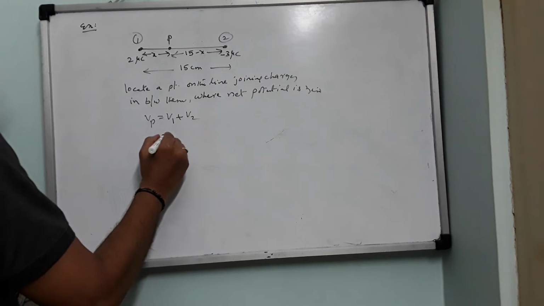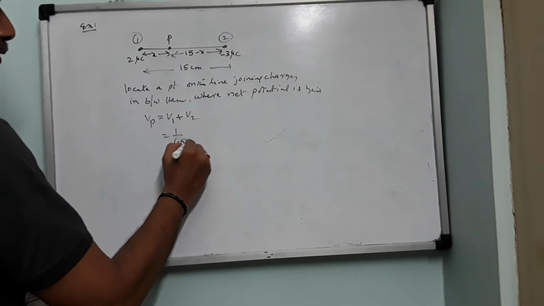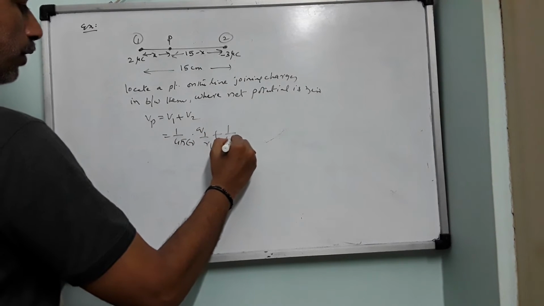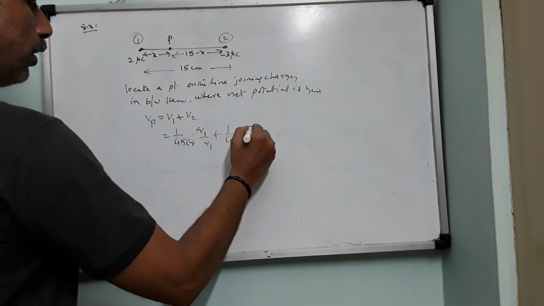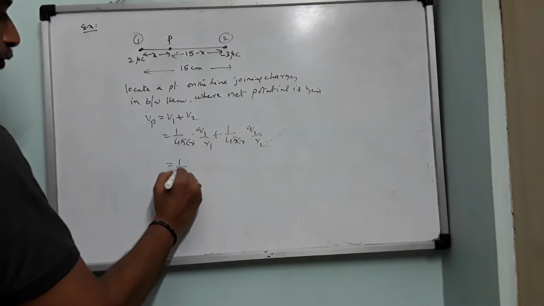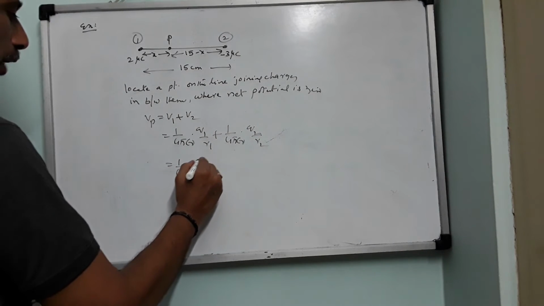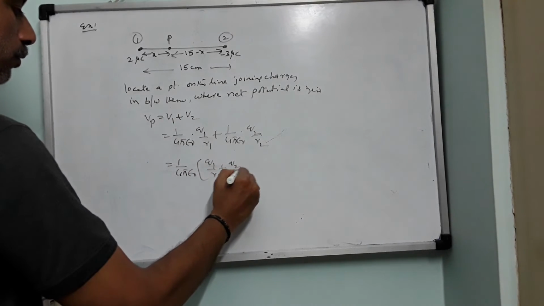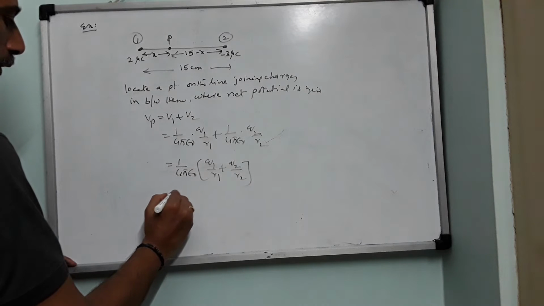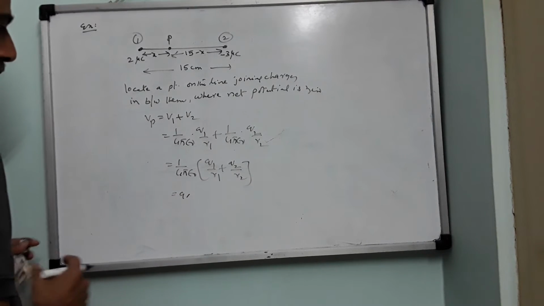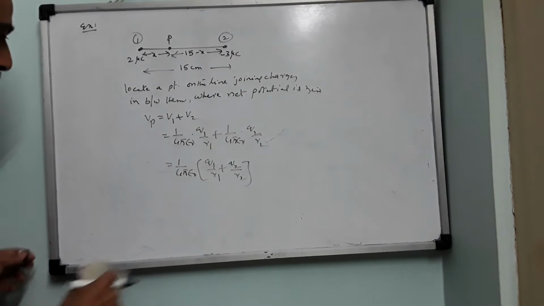V1 is 1 by 4 pi epsilon 0 into Q1 by R1, plus V2 is 1 by 4 pi epsilon 0 into Q2 by R2. So 1 by 4 pi epsilon naught is common. I will take Q1 by R1 plus Q2 by R2. Now, this is 9 into 10 power 9, but I am not going to substitute this one.